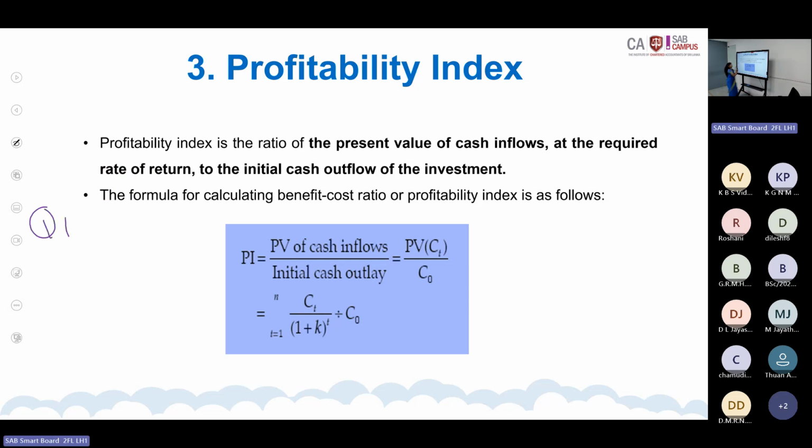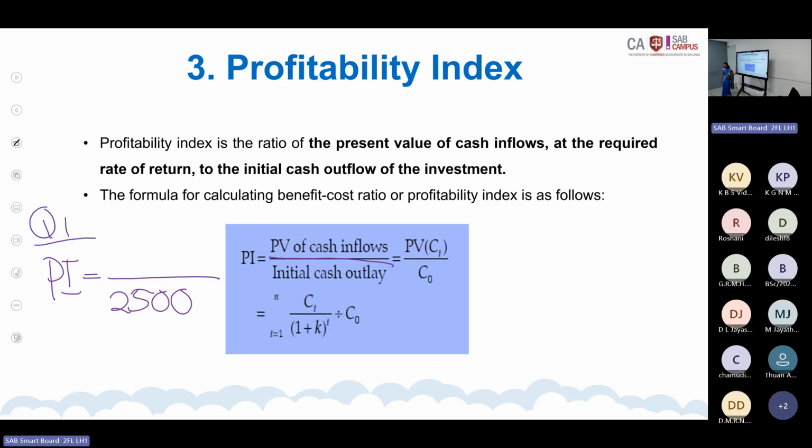Okay, question number 1. Profitability index, PI, equals present value of cash flows divided by the initial cash outlay. In question number 1, what is the initial cash outlay? 2,500.